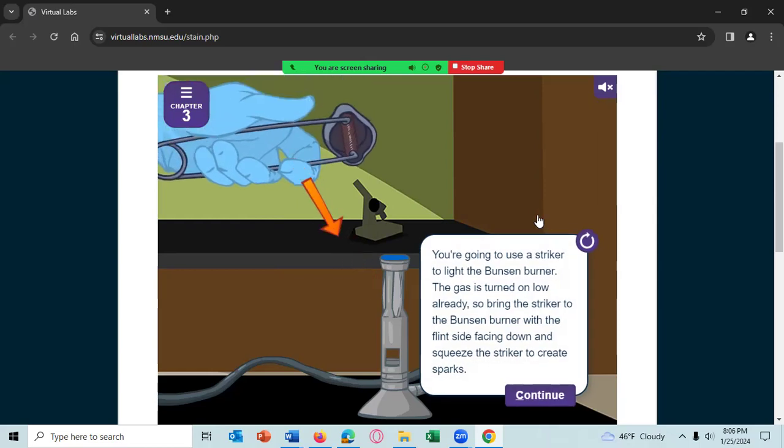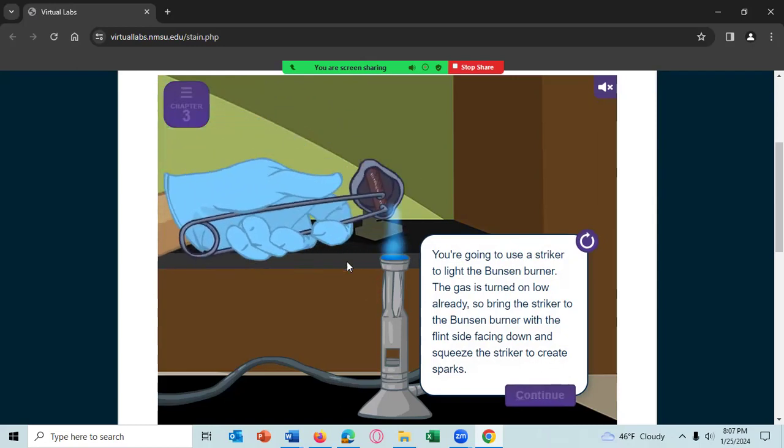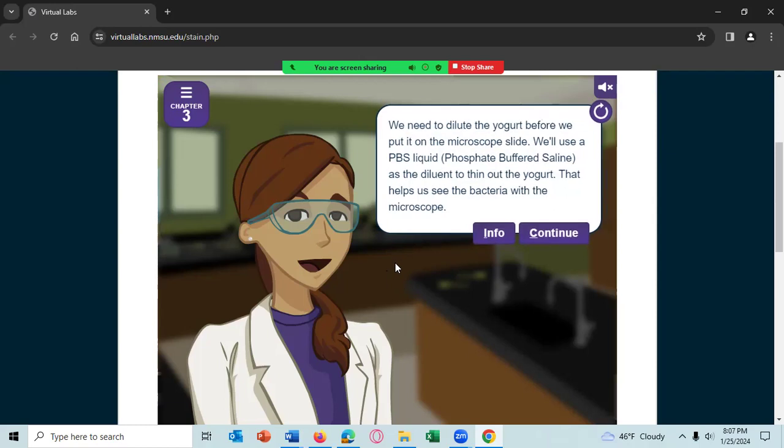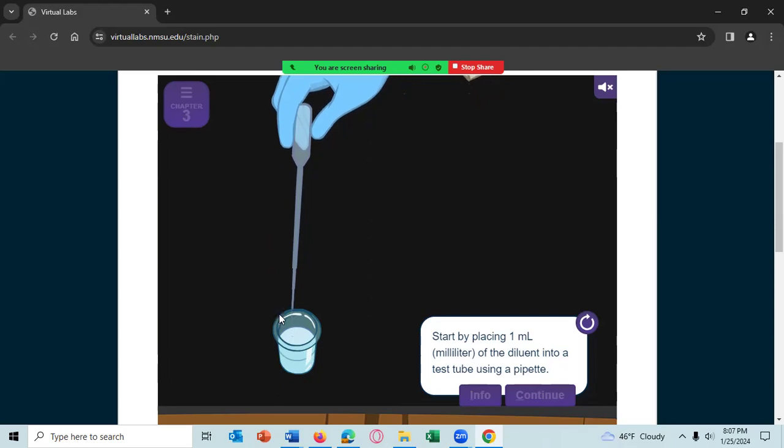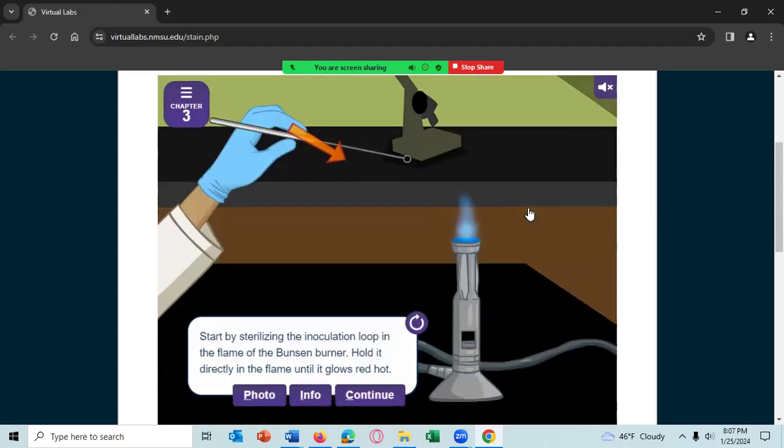All right, on this step here, you need to read the directions, and then it's telling you what to do. You take the mouse, click the mouse, hold it down, and then bring the striker down to the Bunsen burner to light the Bunsen burner. And the same with this. It's trying to tell you with the arrows what to do.